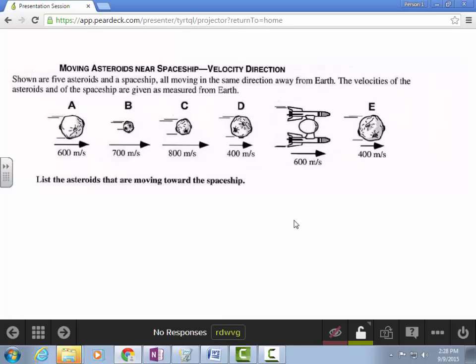Did they all start moving at the same time? They're all moving simultaneously, and they're all in the same direction. Is this relative to the spaceship or to Earth? This is asking, list the asteroids that are moving toward the spaceship relative to the spaceship.